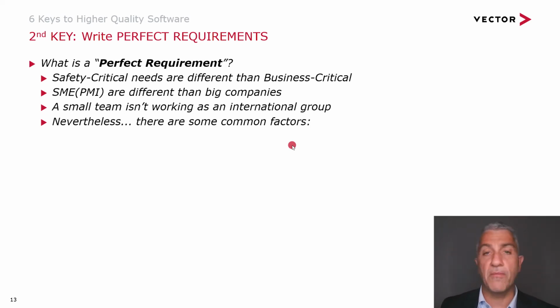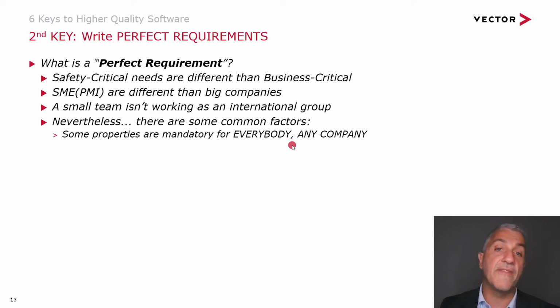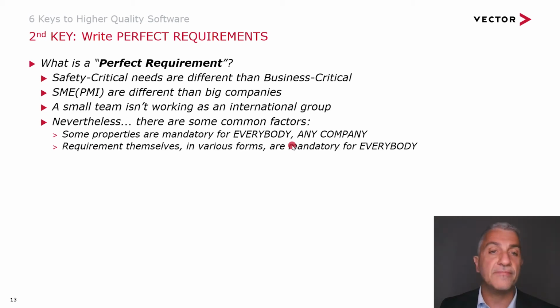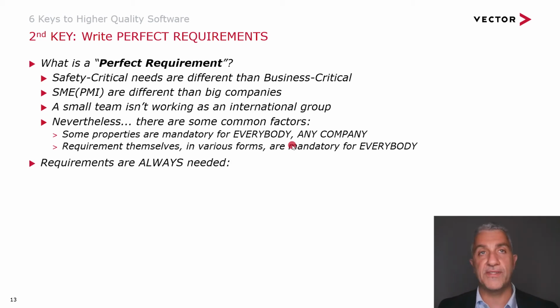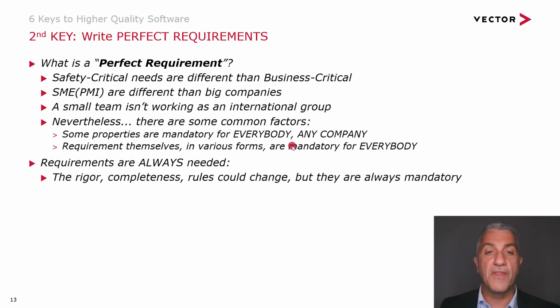Nevertheless, there are some common factors, because there are some properties that are mandatory for everybody, for any kind of company, because the requirements themselves in various forms are mandatory for everybody. So requirements are always needed. Then, of course, the rigor, the completeness, the rules could change, but the requirements are always mandatory.